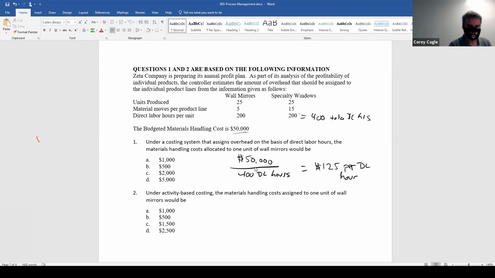All right. Well, there's 200 direct labor hours being used. So $25,000. If you eyeball this, seeing 200 here, 200 here, half goes to one, half goes to the other, right? And it says 1 unit, so here are 25 units. So, $1,000.